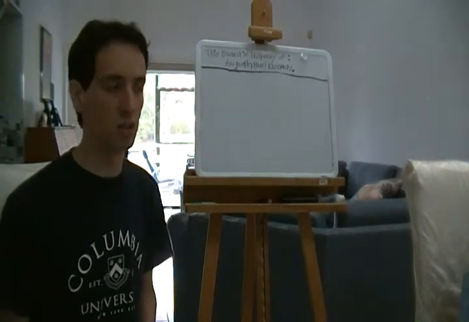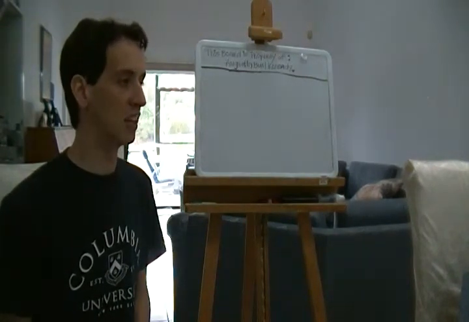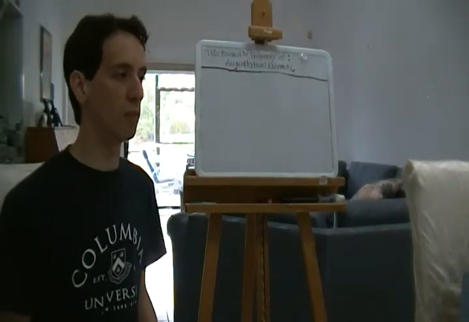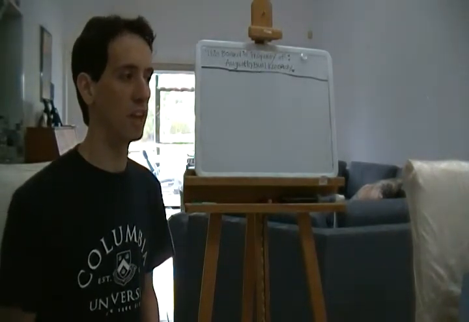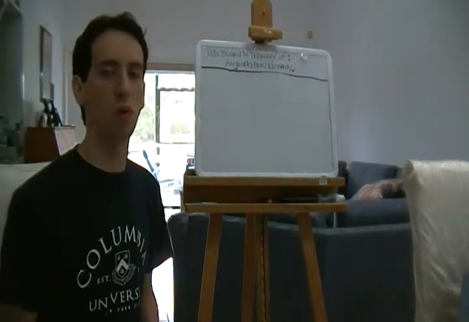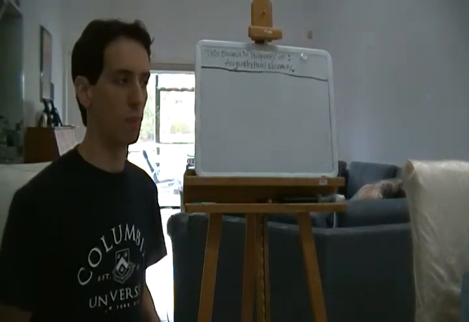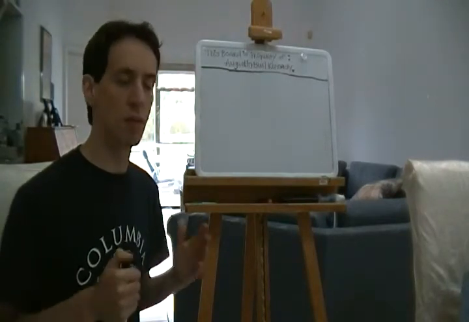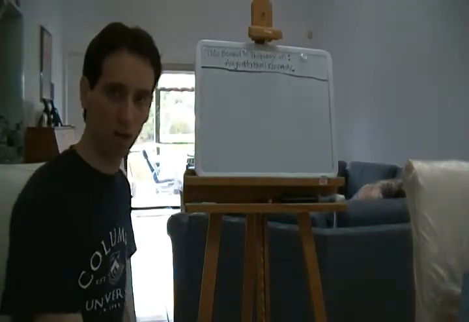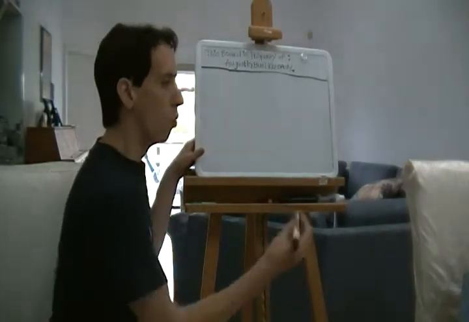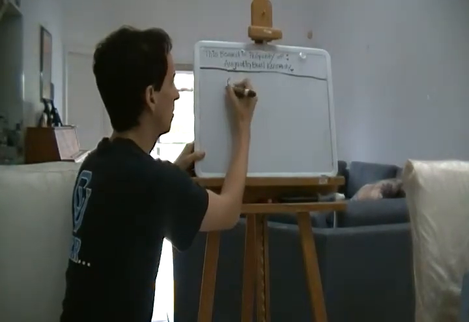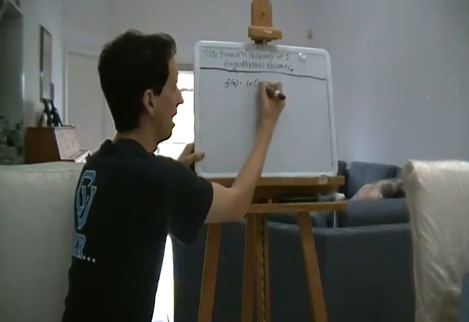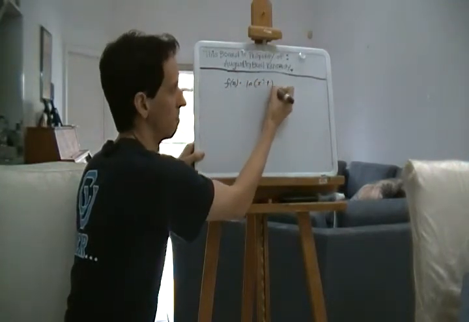Now the problem was: determine the infinite limit as x approaches 3 from the right of the natural log of the quantity x squared minus 9. The easiest way to do this is to know something about transformations that we talked about last chapter. We know that our function is ln(x squared minus 9).